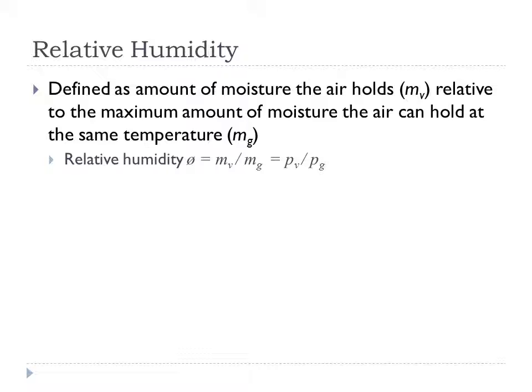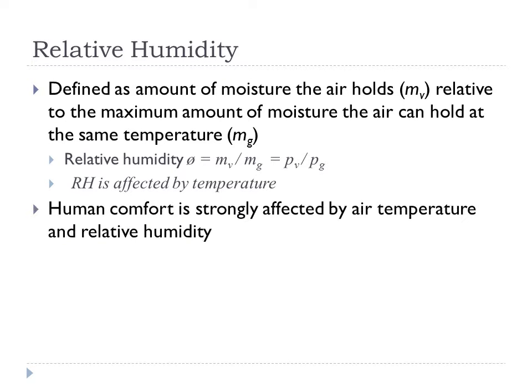PV is the partial pressure of water vapor in the air, and PZ is the water vapor partial pressure when the air becomes saturated. The relative humidity is strongly affected by the temperature value. The air at higher temperature can hold larger quantity of moisture as compared to the air which is at lower temperature.